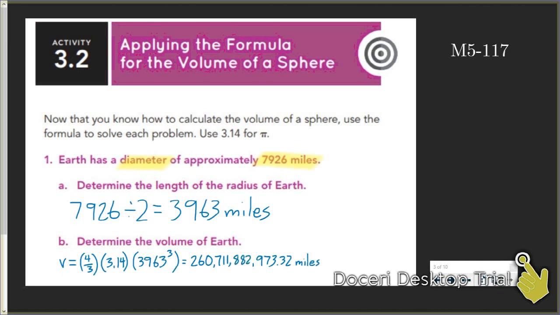And because it's volume, we know we always cube it. So that is our answer. And there you have it. You have already found the volume of a sphere.